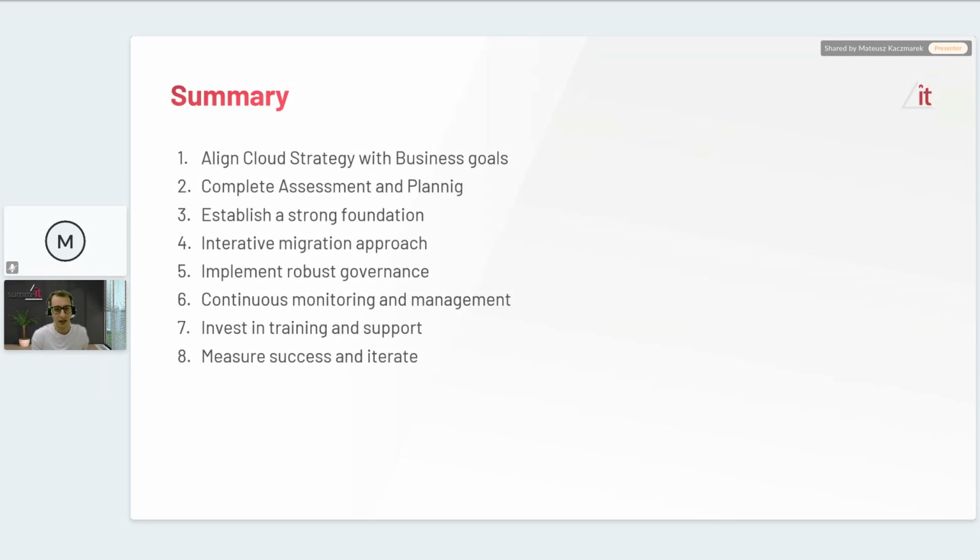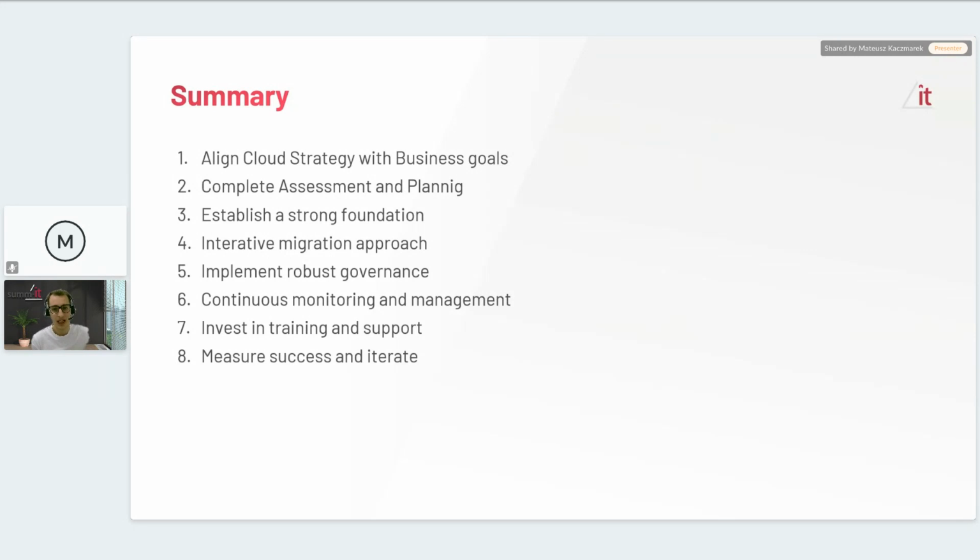Start with less critical workloads to test your processes, make adjustments, and learn before moving those mission critical applications. Next, implement robust governance.